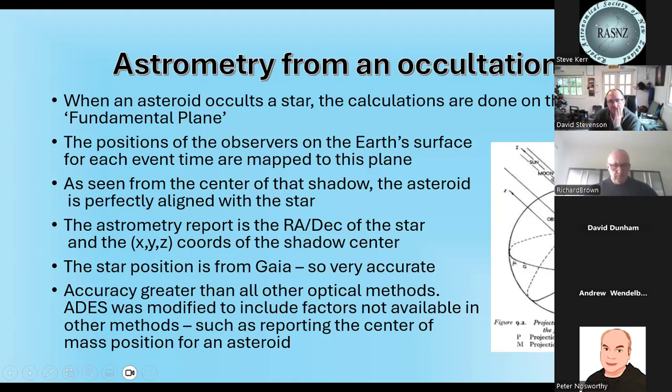But we do all the analysis on this plane here, and it takes time for the light to travel through the Earth to get down to here. All the observation event times have a very small correction applied, so it gives you the time on this fundamental plane. Now, move on to the next one.